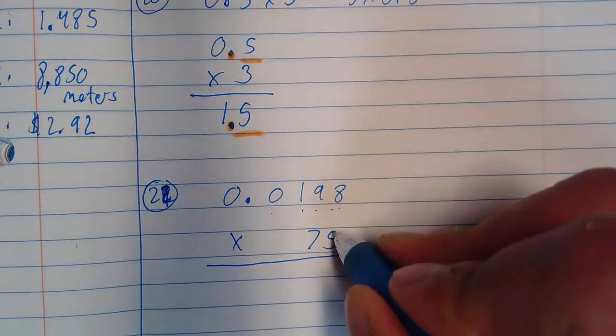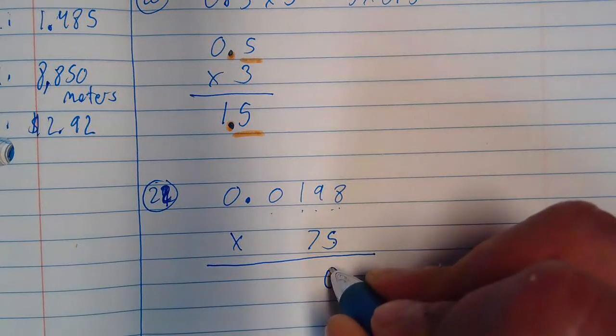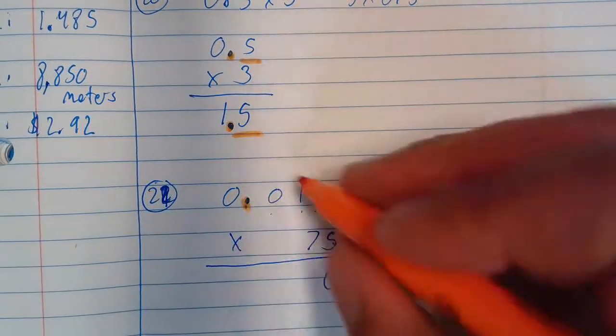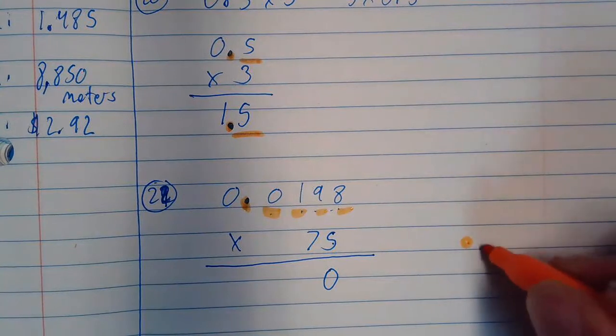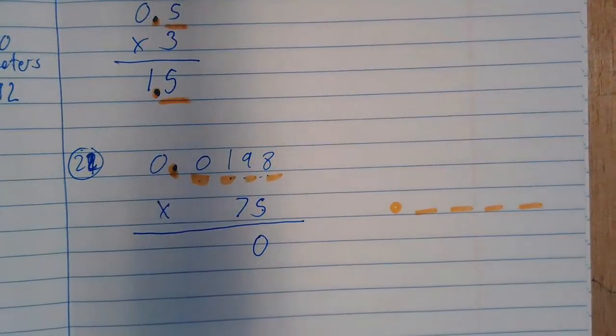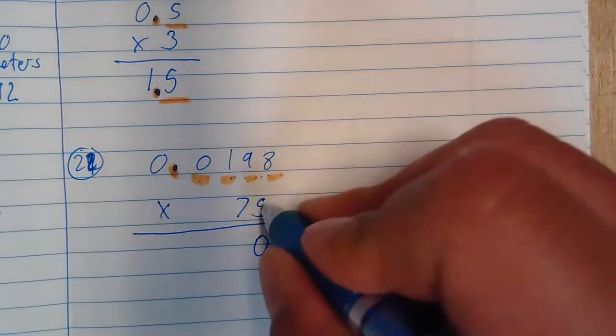Start with the ones place. 5 times 8 is 40. Actually, before I move on, I do want to make a quick prediction. I did this with the other homeworks but not with this one. My answer is going to have 4 place values, right? So let's find out. 5 times 8 is 40.